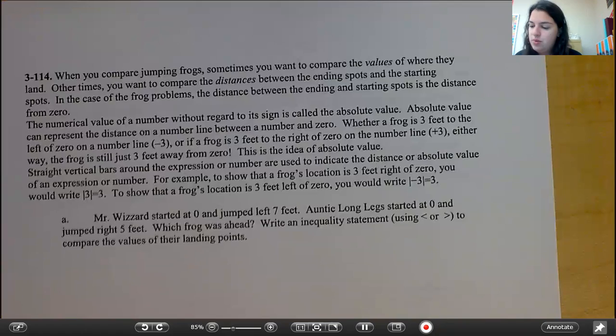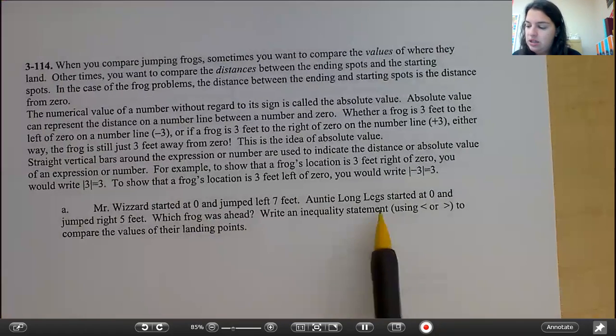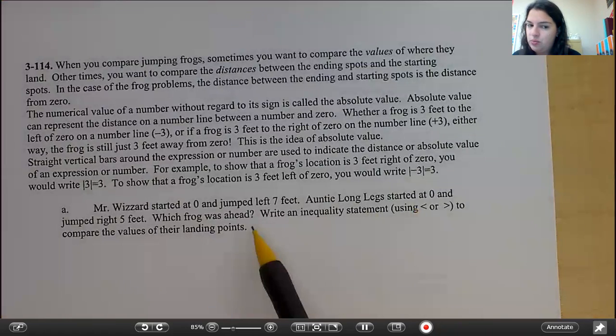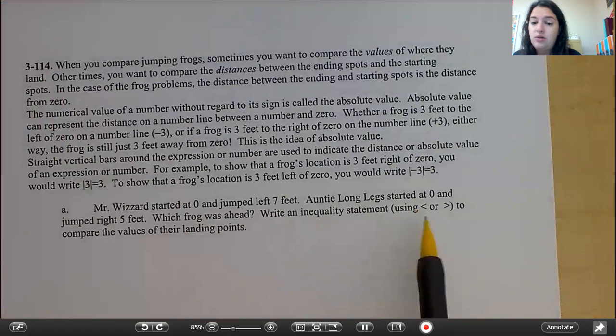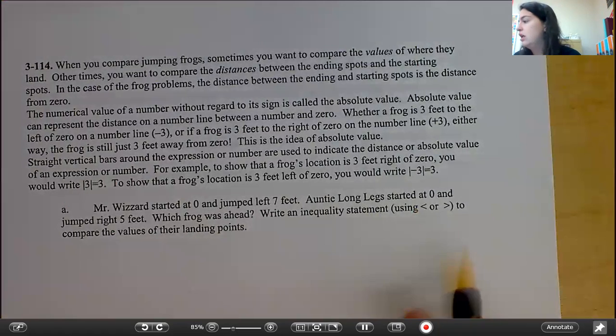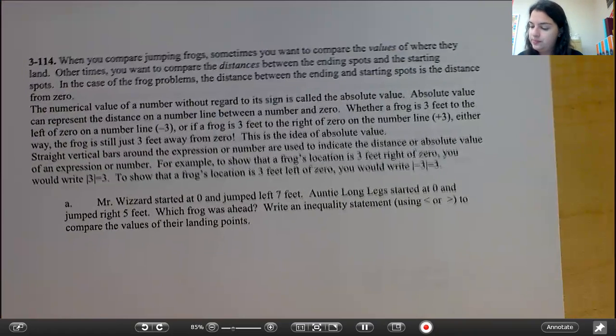Part A. Mr. Wizard started at 0 and jumped left 7 feet. Auntie Longlegs started at 0 and jumped right 5 feet. Which frog was ahead? Write an inequality statement using less than or greater than to compare the values of the landing points. So this is what we have been doing in the past questions. So go ahead and pause and answer.